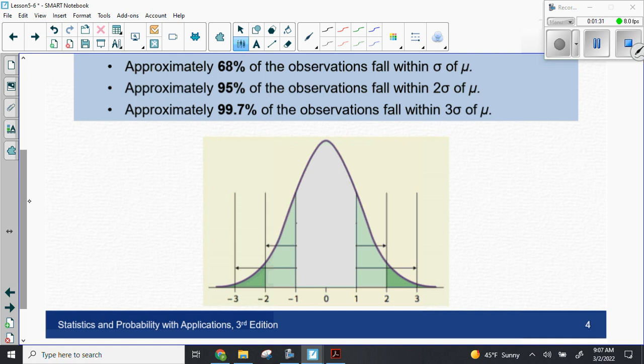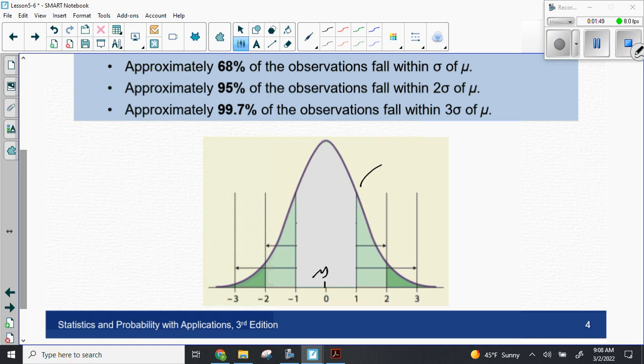So, if we're looking at a standard normal distribution, your mean is 0. So right here, this is the mean, at 0, okay?